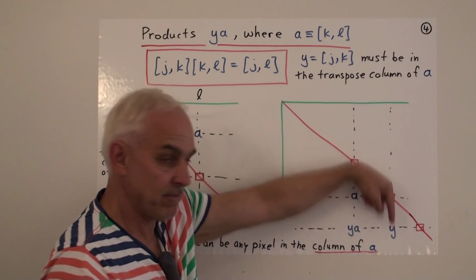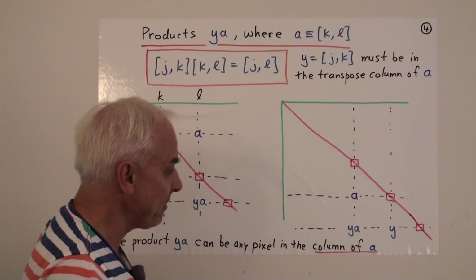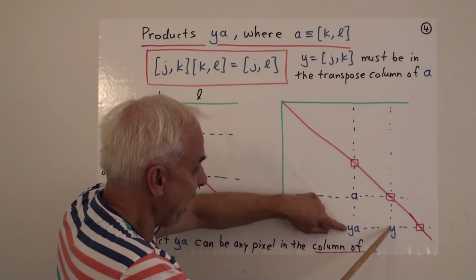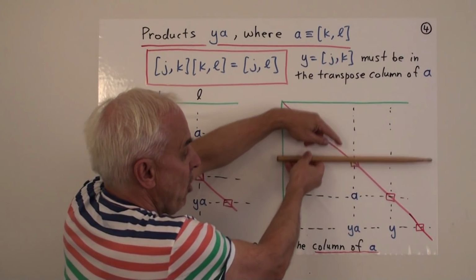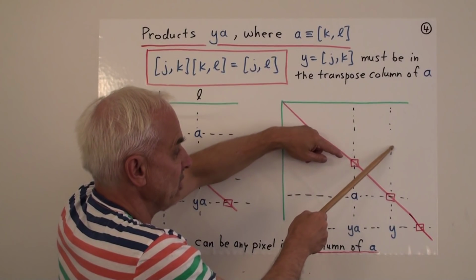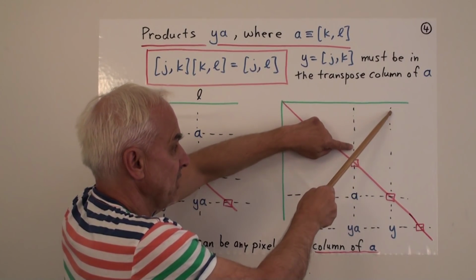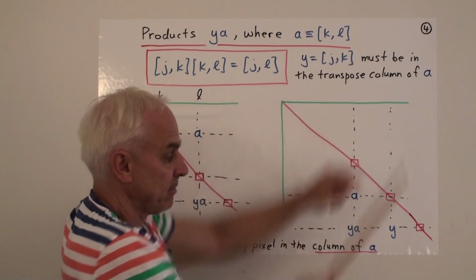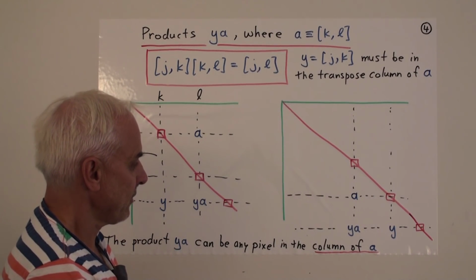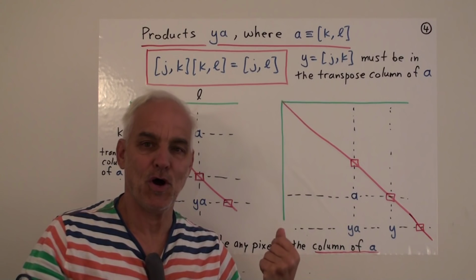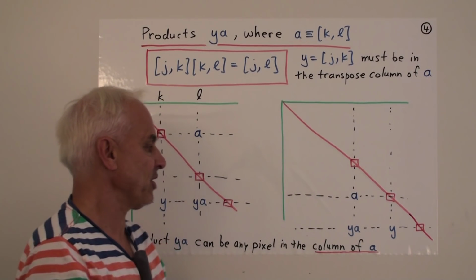In fact, it could be down as much as it likes to be. And correspondingly, YA is going to be on the column of A, but at the same row as Y. So if Y was up here, YA would be here. If Y was here, YA would be here. So it's just a flip of the previous situation.